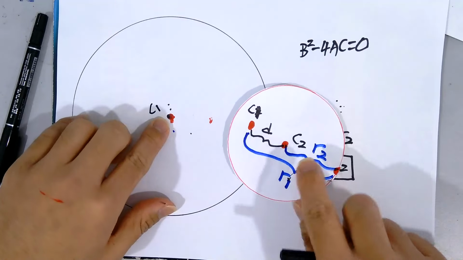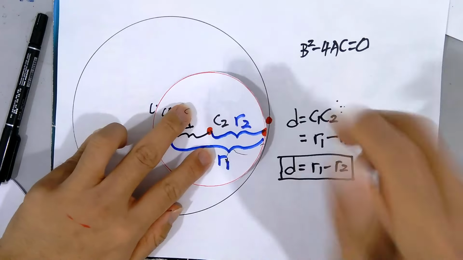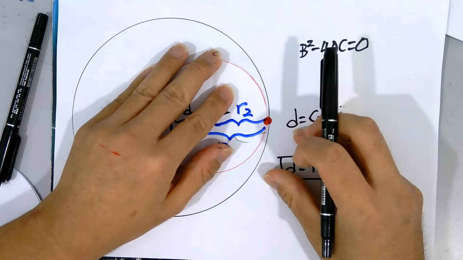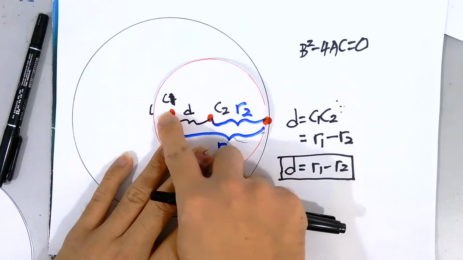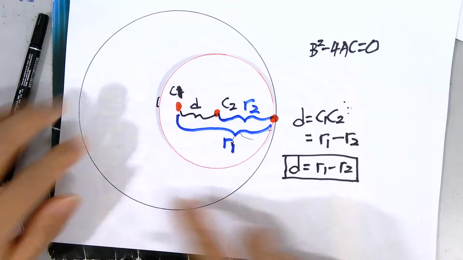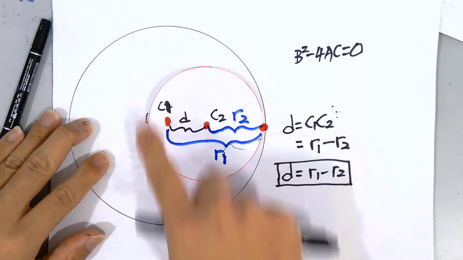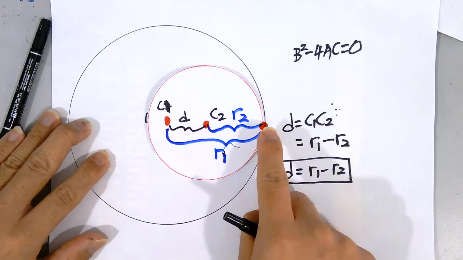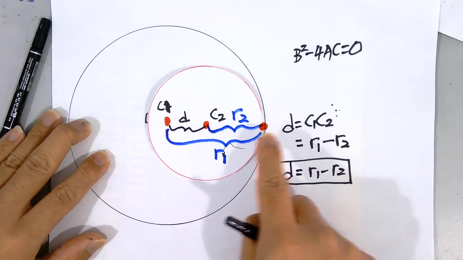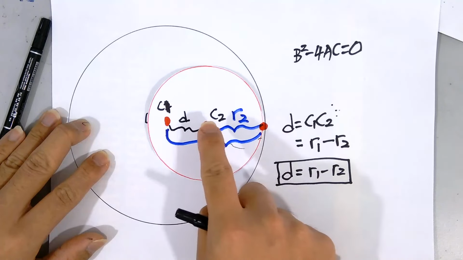Now, if the two circles touch internally, I'm going to draw the centers here. They intersect at a point. This is the center of the big circle, and this is the center of the second circle. The distance from the center of the big circle to the point of intersection will be R1, and this will be R2.